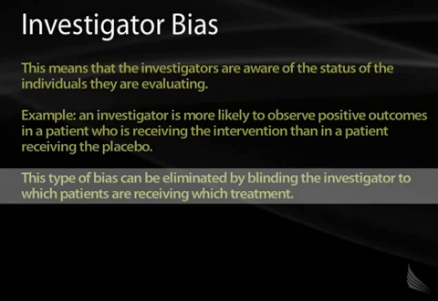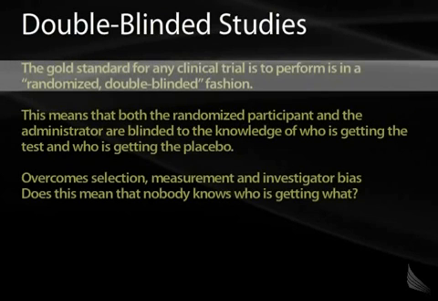And again, this is dealt with through a double-blinding mechanism, such that in most clinical trials, neither the patient nor the investigator know which subjects are getting which treatment, and there is a third party who controls the randomization codes. The gold standard for any clinical trial is to perform a randomized, double-blinded trial.